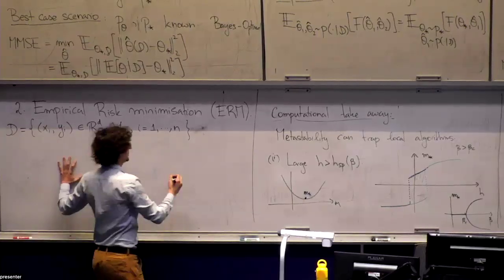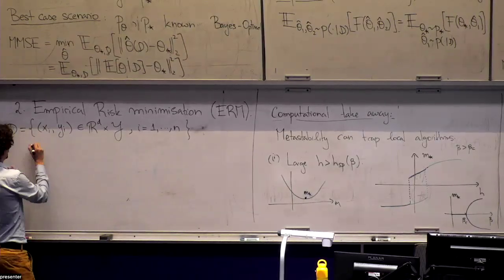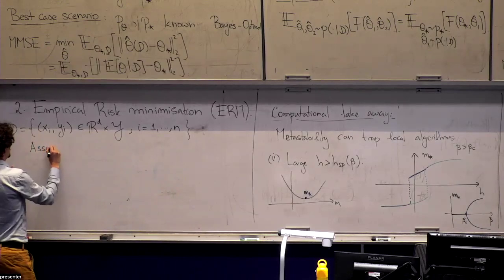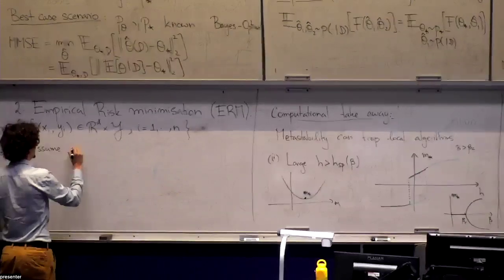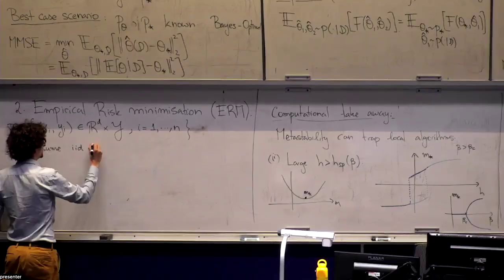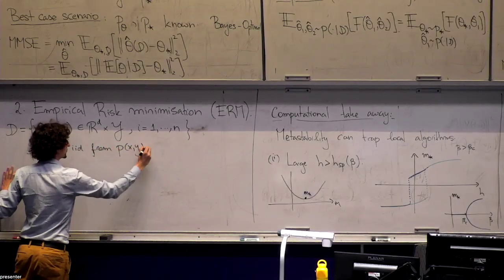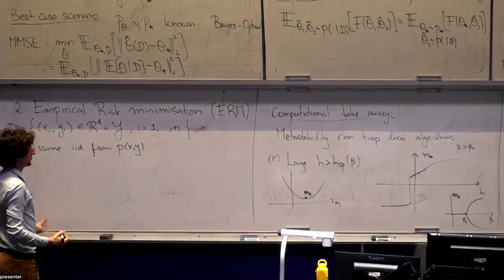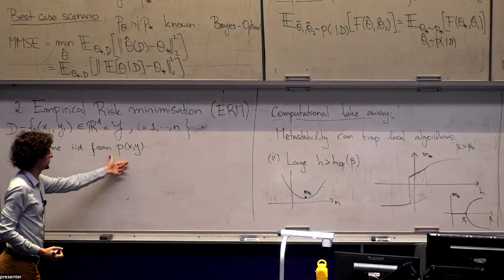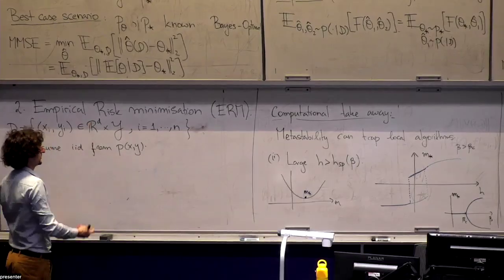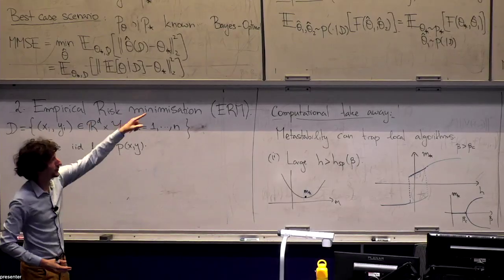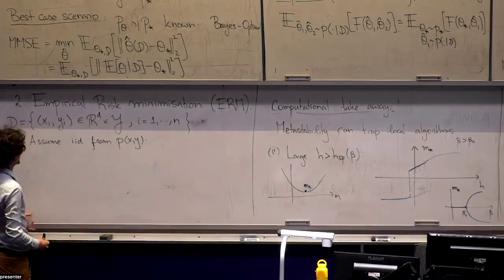That's my training data, and we're going to assume IID from some joint distribution. So this data has been sampled from this joint distribution. Of course, we don't know the joint distribution, otherwise we wouldn't be doing empirical risk minimization. We would be doing Bayesian estimation.